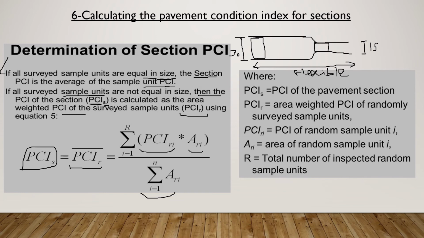So you can calculate a PCI value which describes both roads and both widths by applying this equation. So this equation is only applicable if you have the same pavement type, however different areas.